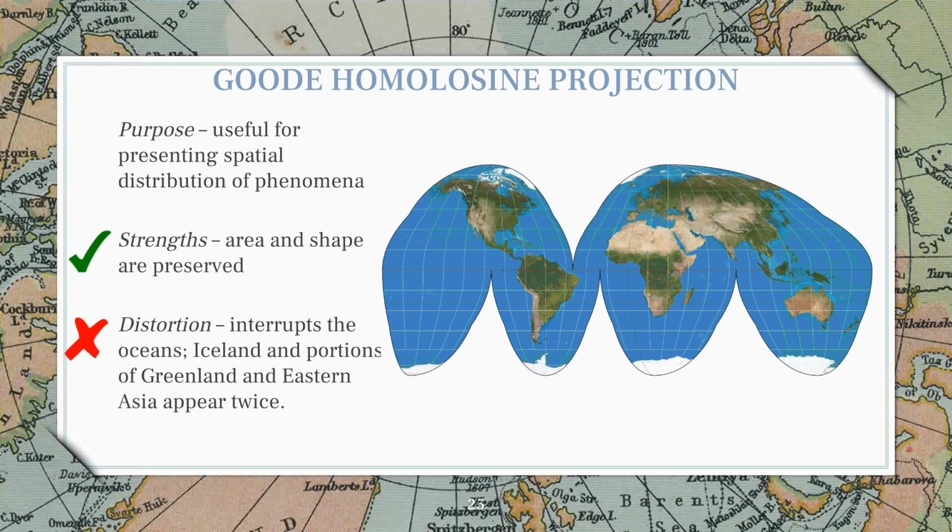It's pretty accurate. The problem is that it's interrupted, so the oceans are all taken apart. It's not aesthetic. If I had that on my wall, I think it'd look pretty cool, but it's just not filled in.